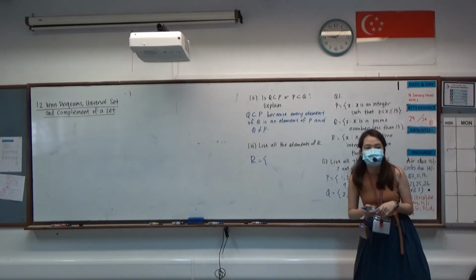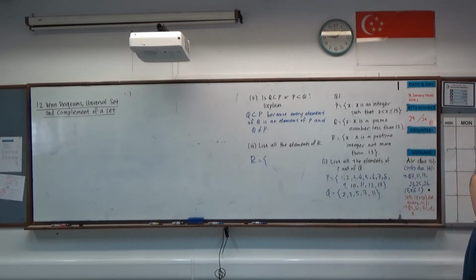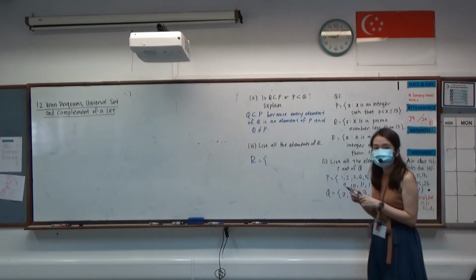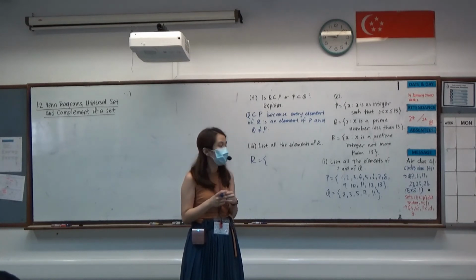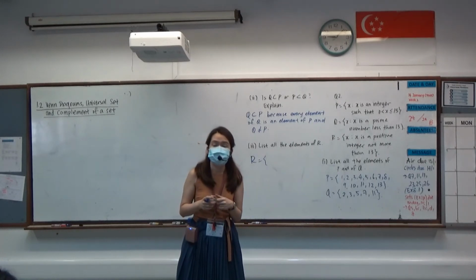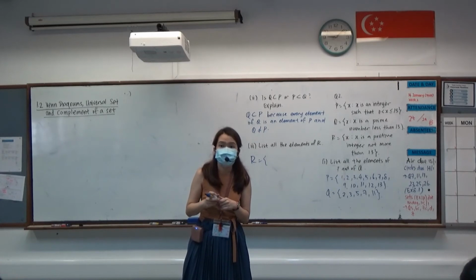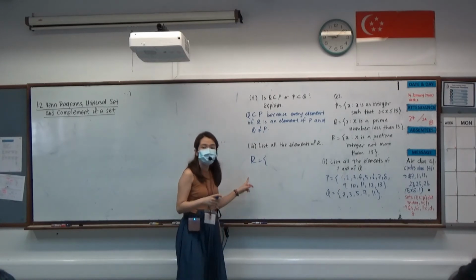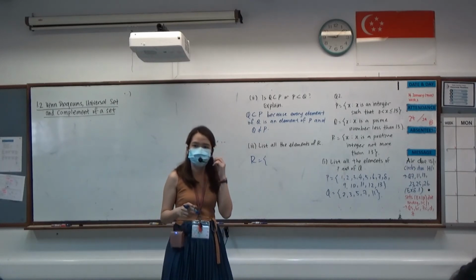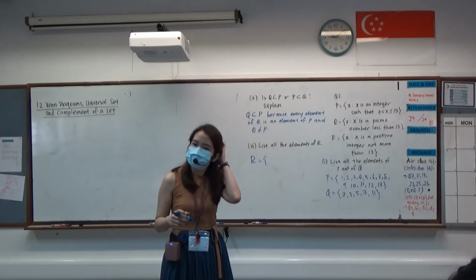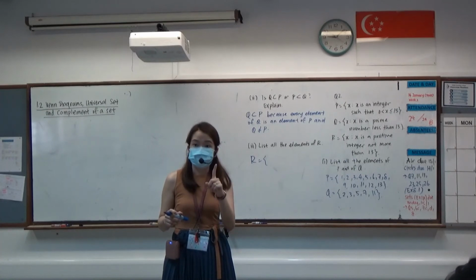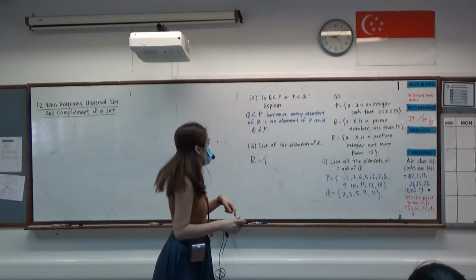Okay, so what are the elements in R? Jinya, what elements do you have in R? Starting from what number? What are the elements found in R? I can't hear you, I'm sorry. 1 to 13, okay, thank you.